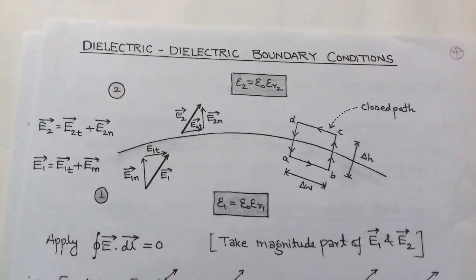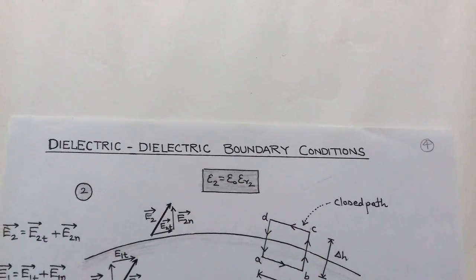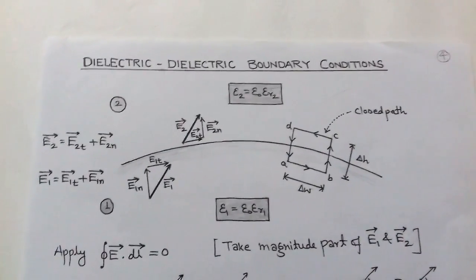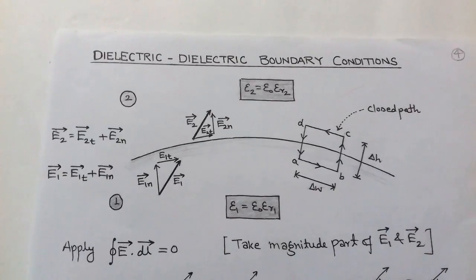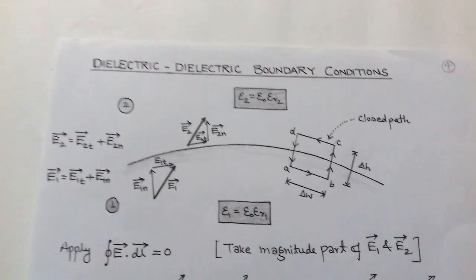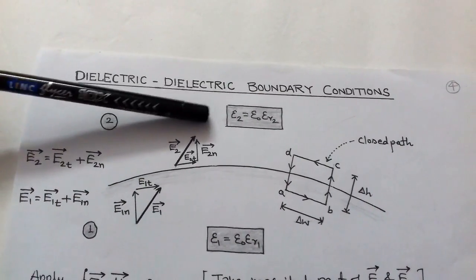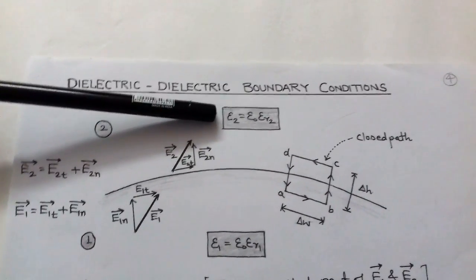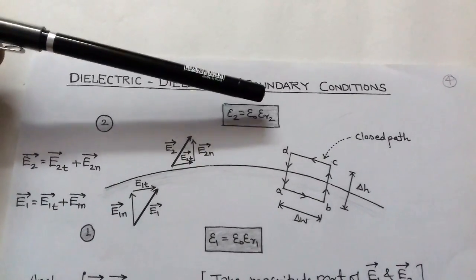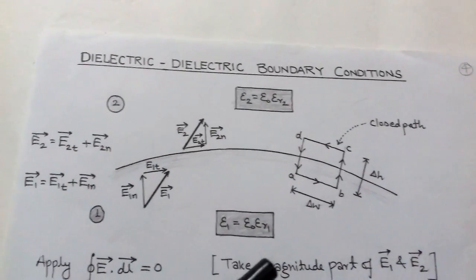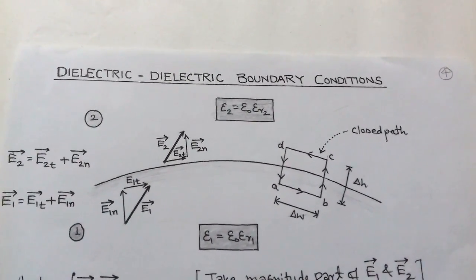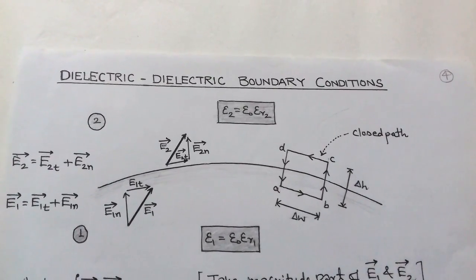The first interface is the dielectric-dielectric boundary condition. Here we take two regions, region 1 having dielectric constant epsilon 1 and region 2 having dielectric constant epsilon 2, usually epsilon r1 in region 1 and epsilon r2 in region 2.